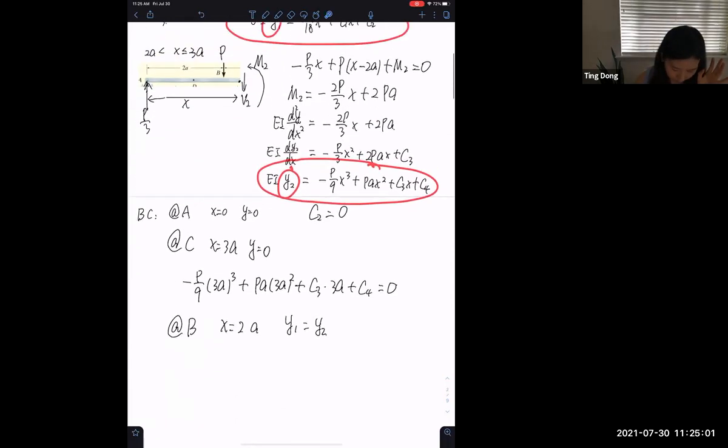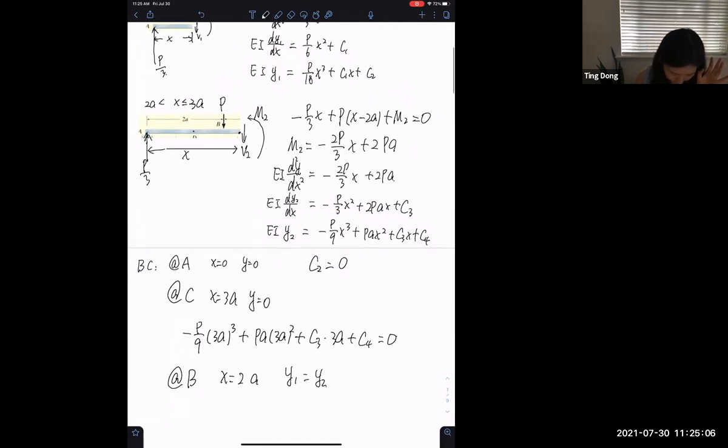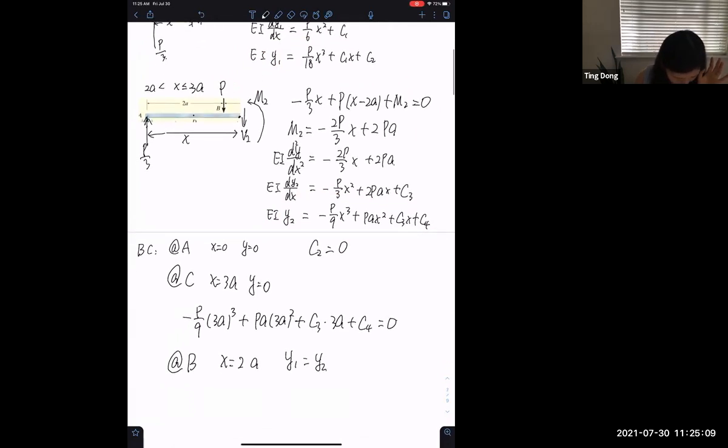So for this one, I can write it as 18, (2a) cubed, C1 times 2a. We already know C2 equal to 0, so that term is gone. And from the right side, (2a) cubed, Pa, (2a) squared, C3. Don't have enough space.